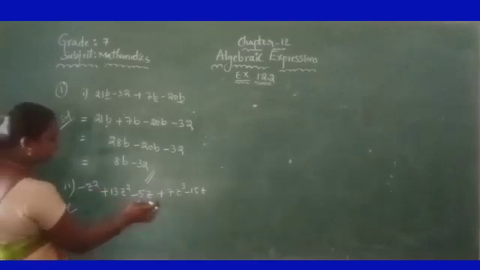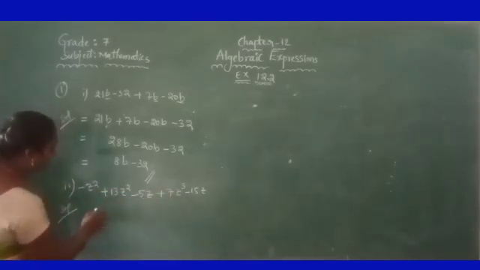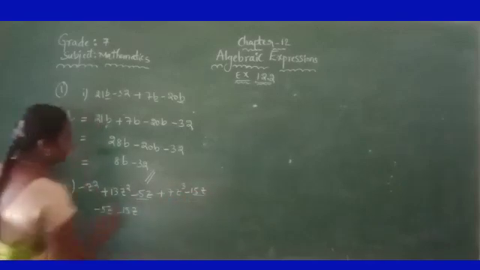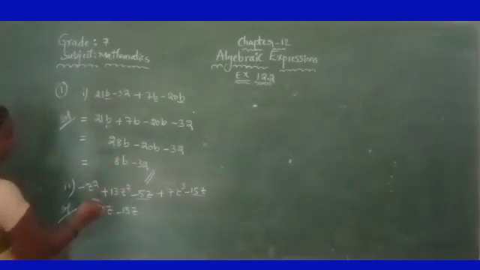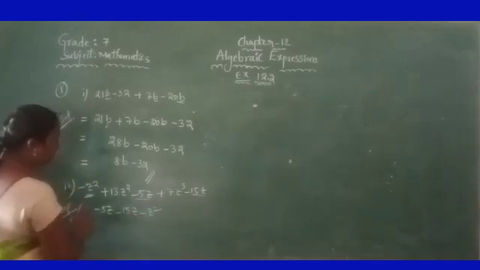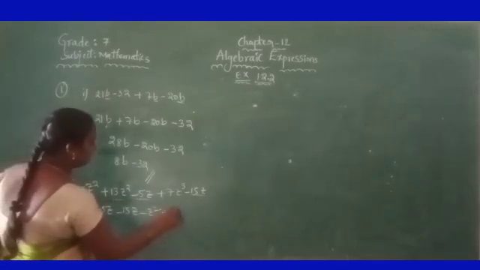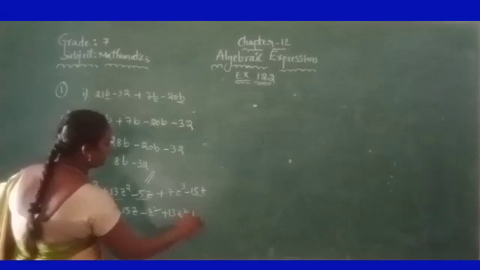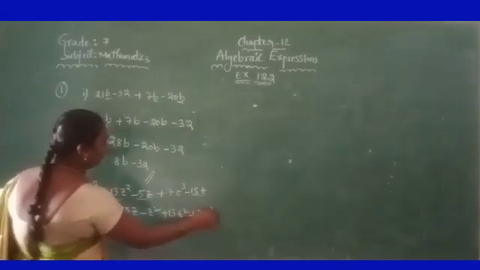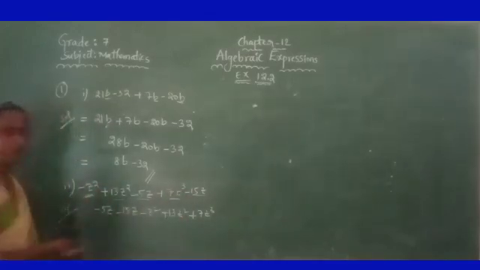First is z: take minus 5z and minus 15z. Next z square: that is minus z square, next plus 13z square. Last, 7z cube.